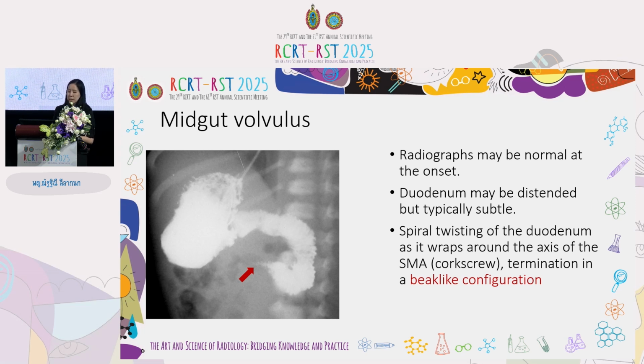The duodenum is not typically distended as seen in duodenal atresia; if distension occurs, it is usually subtle. During an upper GI study, the duodenum typically twists in a spiral, wrapping around the axis of the SMA, creating a corkscrew appearance, and then ends in a beak-like shape, as we show with the red arrow here.